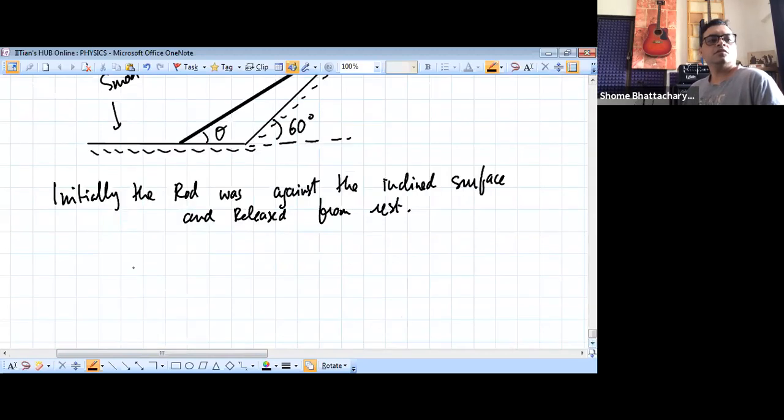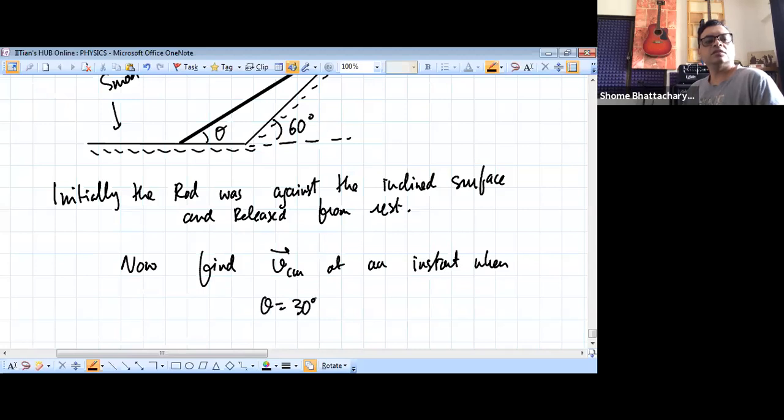So now find VCM at an instant when theta is equal to 30 degrees, and omega about the center of mass.